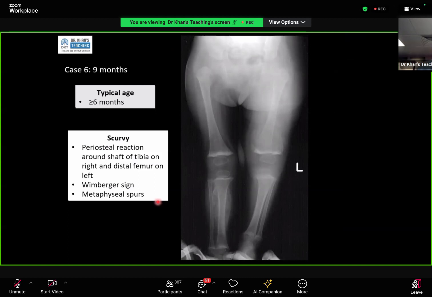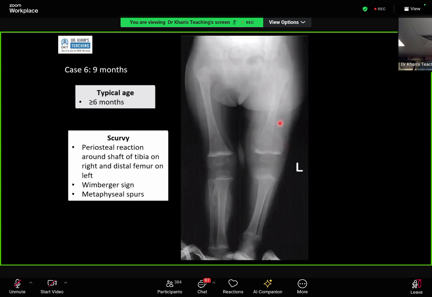So when that happens, and this is the type of case we are looking at in the exam, first of all, please remember that scurvy cannot happen before 6 months of age, because the ascorbic acid from the maternal blood goes into the fetus. So the first 6 months are fine, then it can occur.